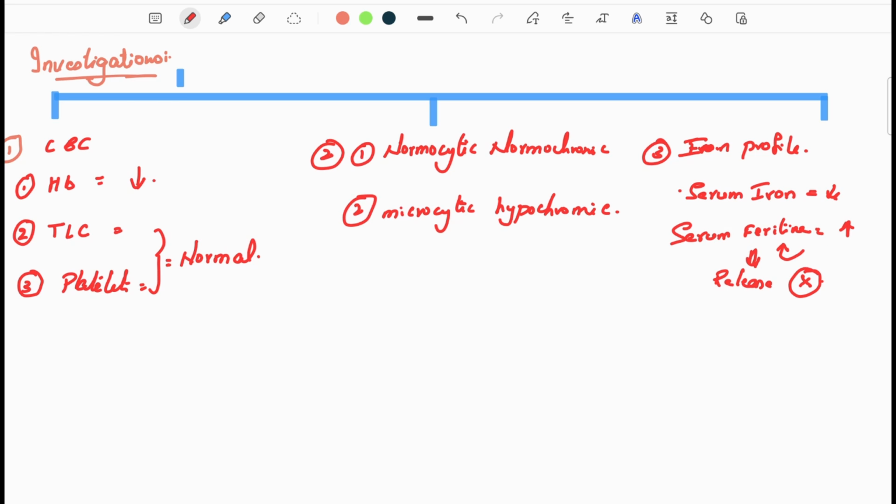And serum total iron binding capacity will be decreased, as the iron is low. Storage iron is overloaded, but the release is not up to the extent. So these are the investigations.